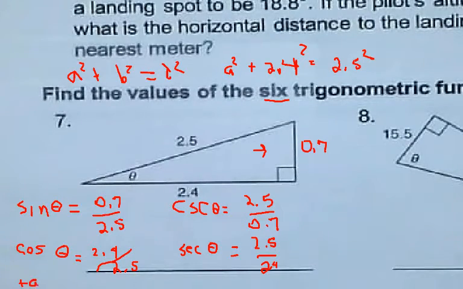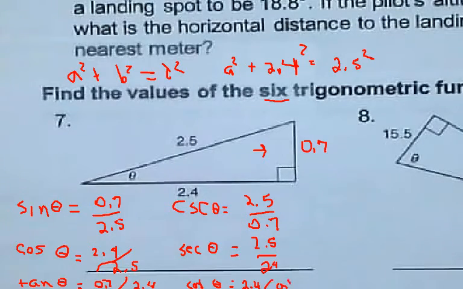The tangent is opposite over adjacent, so that's 0.7 divided by 2.4, which of course means that the cotangent is the reciprocal. Once you know that, your life is easy smoothy: 2.4 divided by 0.7. 6 trig functions. We did it.